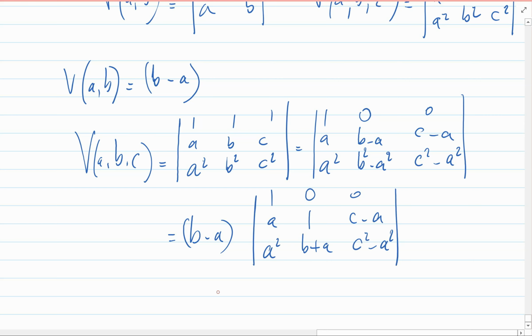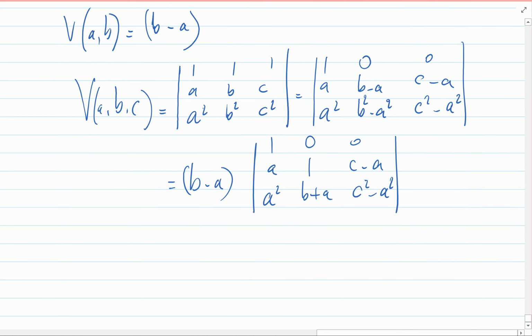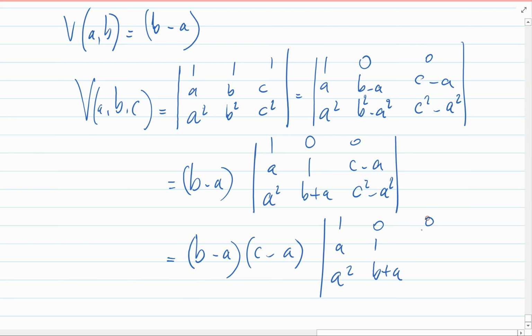Now let me take c minus a out of the third column, so this gives me b minus a times c minus a times 1, a squared; 0, 1, b plus a; 0, 1, c plus a.